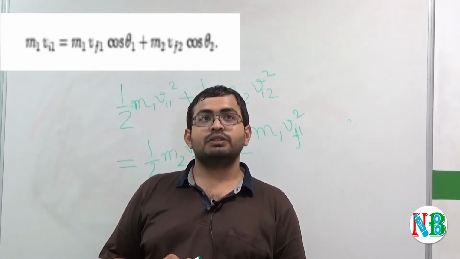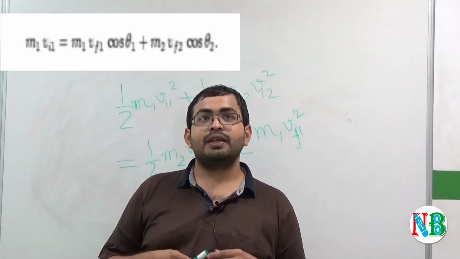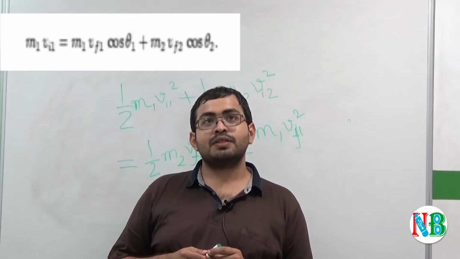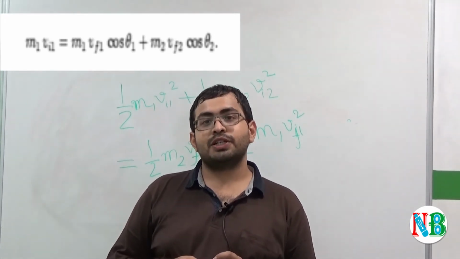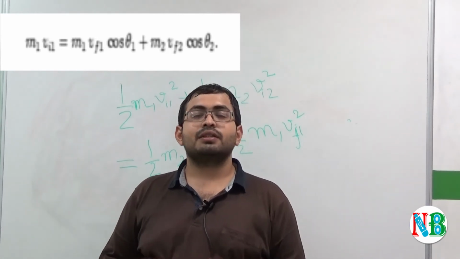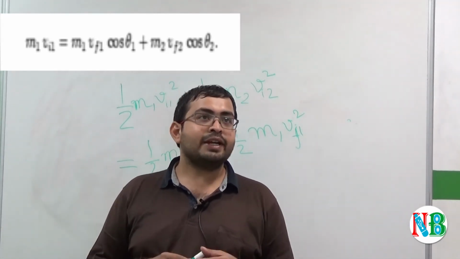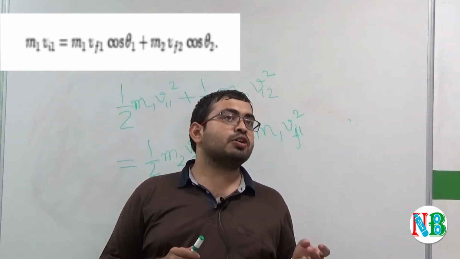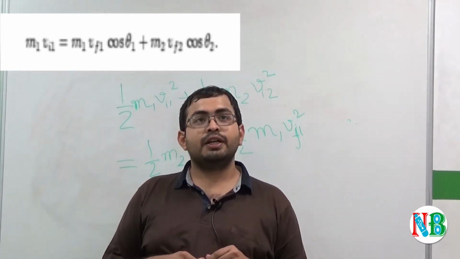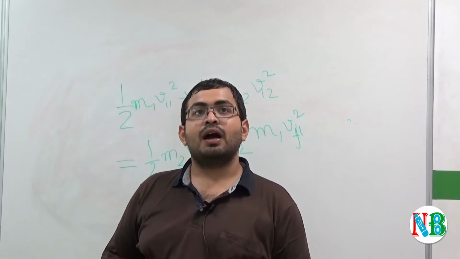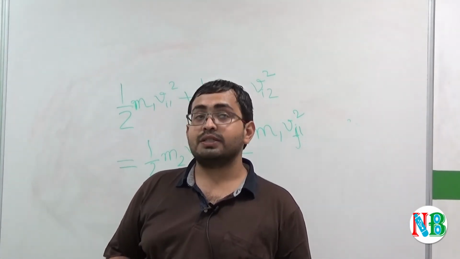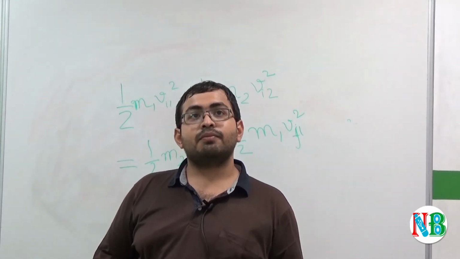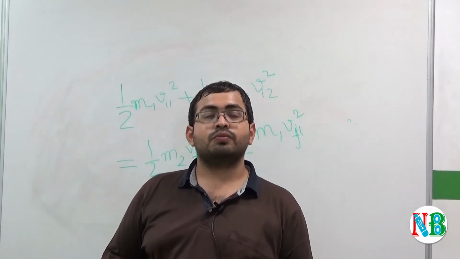After the collision, the x momentum of the first object will be m1 vf1 cos theta 1, that is, m1 times the x component of the first object's final velocity. Likewise, the final x momentum of the second object is m2 vf2 cos theta 2.